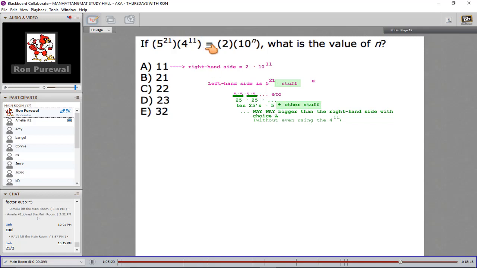Well, what can you do with this stuff? I didn't really ask that in very good words, but what could you do here? Okay, so what are you doing with 5 times 2? What are you breaking this down into?